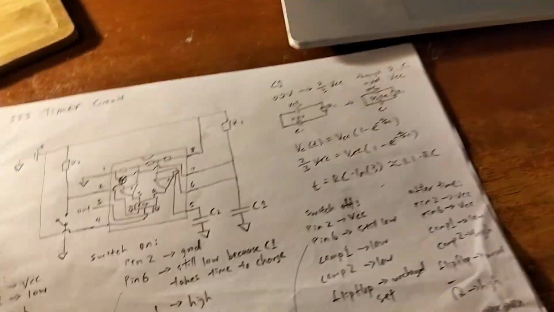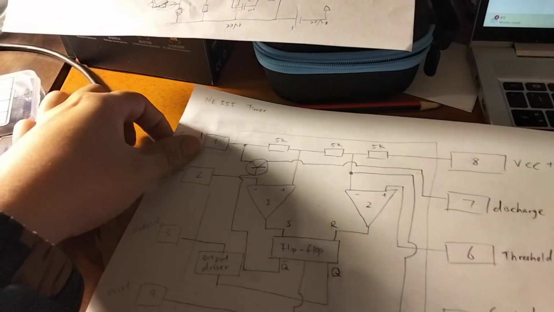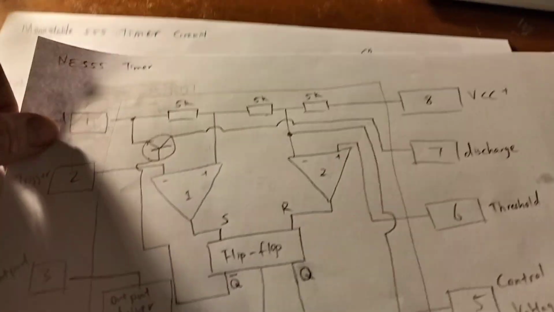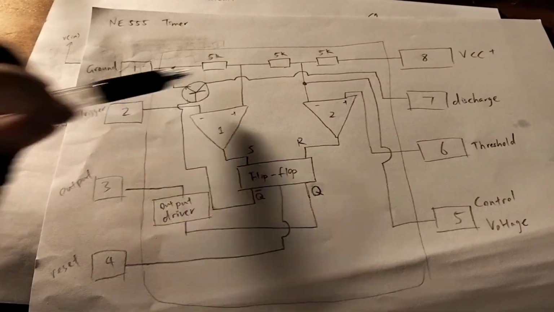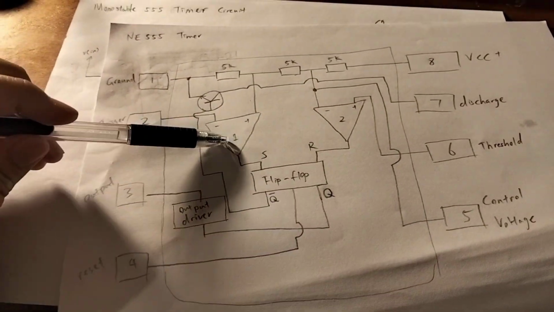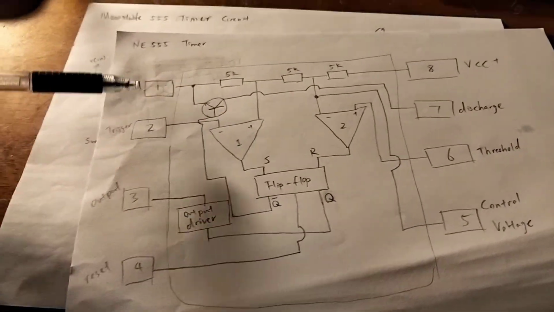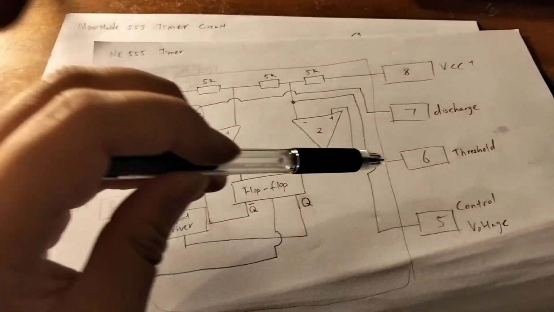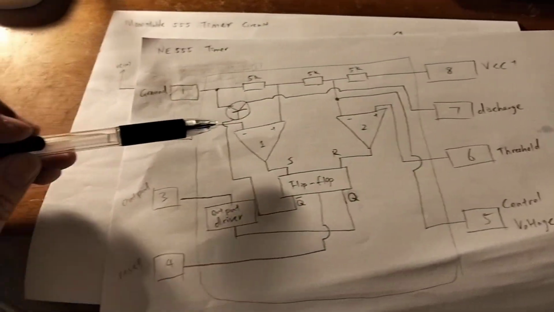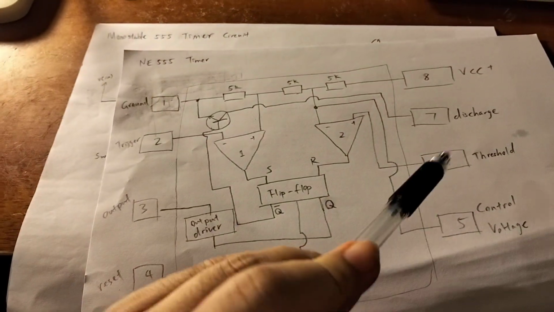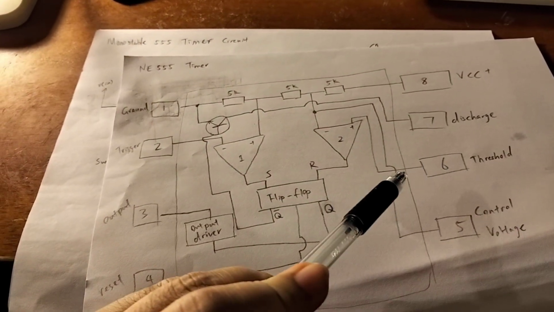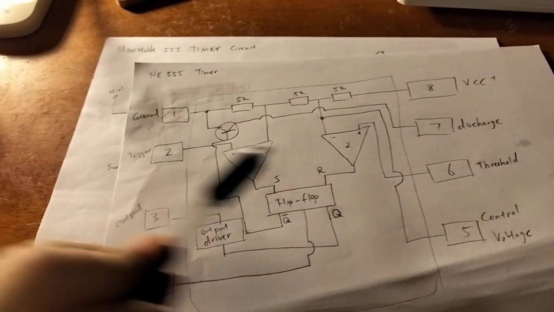So, let's look at how the monostable timer works with this 555 timer. I think one concept to realize about why this IC is designed this way is that by varying pin 2 and pin 6, you can set a state in the flip-flop, and then you can add a timing component, for example a capacitor, to one of these.